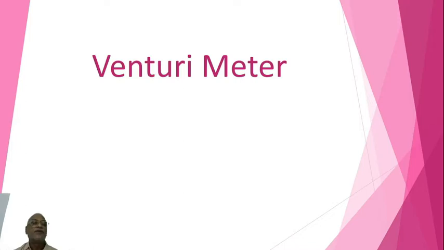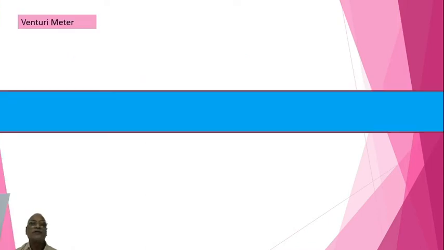Venturimeter. Venturi is the name of a person who invented this particular meter. That's why it is in his name that it is called Venturimeter. So here there is a pipe, the flow is occurring through that, and if you want to measure the discharge of the pipe, then you have to use what is known as Venturimeter.